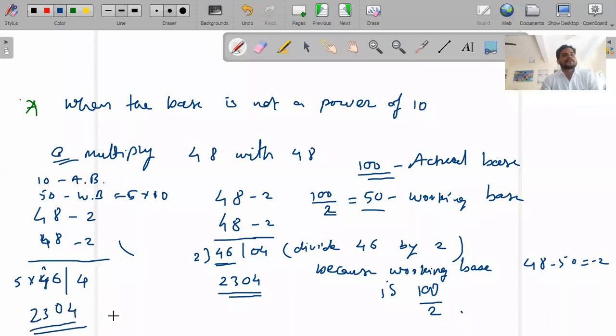So this will be the answer. Here we consider 10 as an actual base and 50 as a working base. Here 100 as actual base and 50 as a working base. Okay, any doubt?